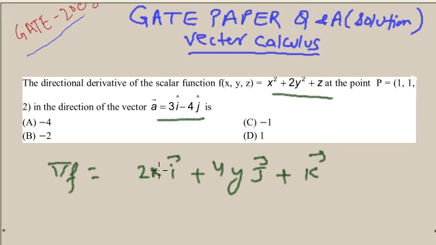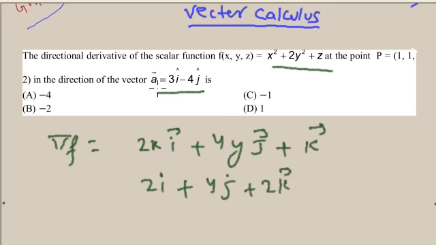At the point (1, 1, 1), del f is 2i plus 4j plus k. So the dot multiplication with 3 and minus 4: 3 into 2 is 6, and minus 4 into 4 is minus 16.